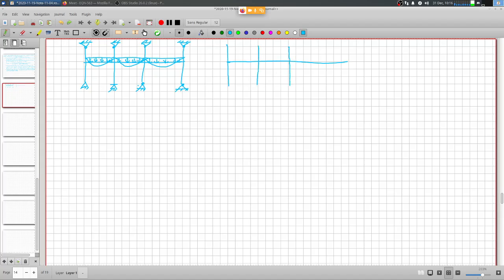In the case of lateral loads, there are lateral loads here, and this leads to column moments.